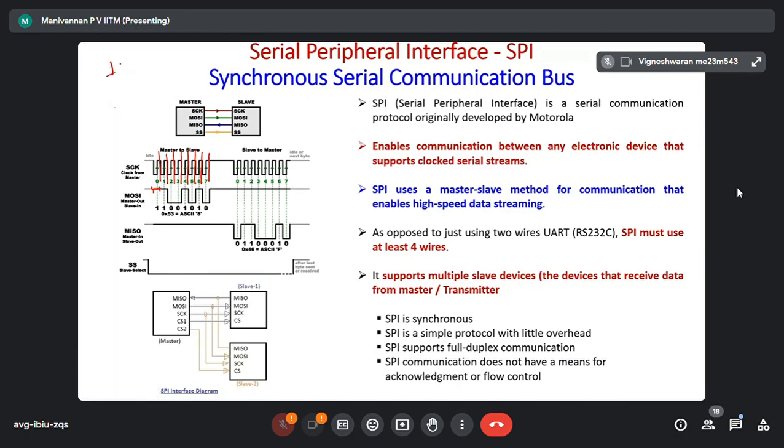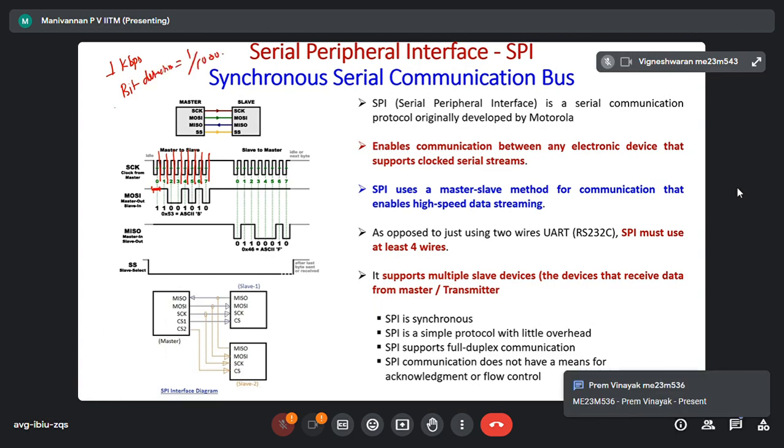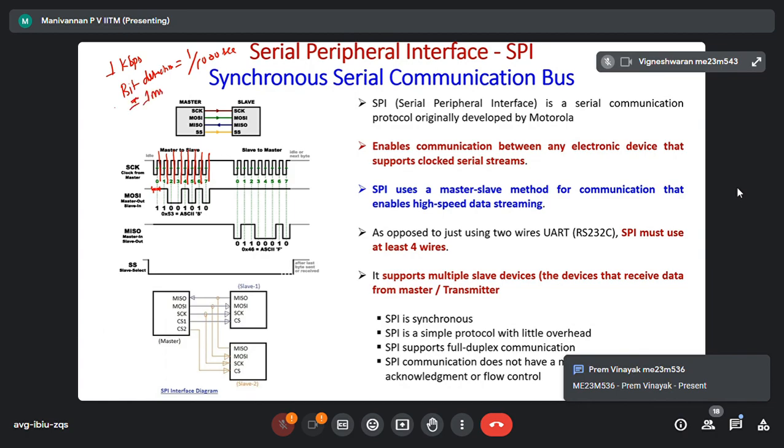If I am transmitting 1 kbps, that means 1000 bits per second. Note down, these are important. One data bit duration is nothing but 1 divided by 1000 seconds, which is 1 millisecond. So the data will be high for 1 millisecond.